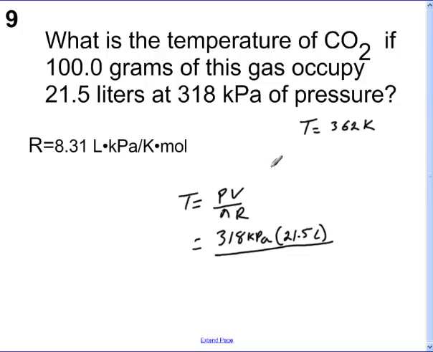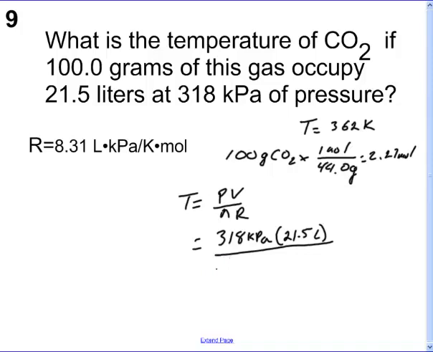Ooh, I have 100 grams of CO2. Well, 1 mole of CO2 is 44.0 grams. Which I don't have calculated, so just 1 second here. Okay, and that equals 2.27 moles.